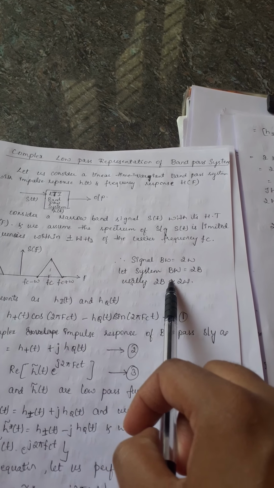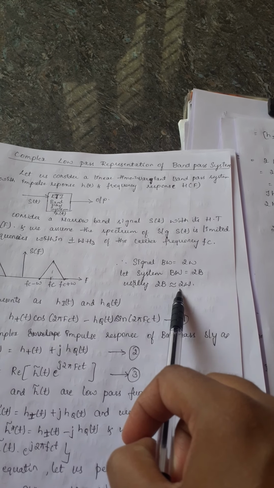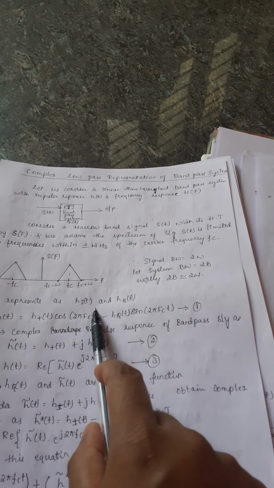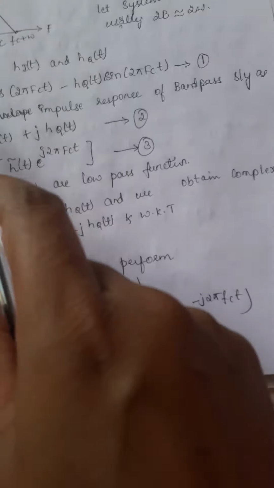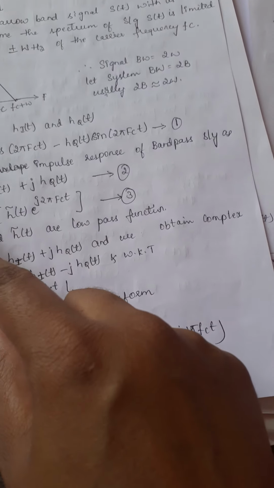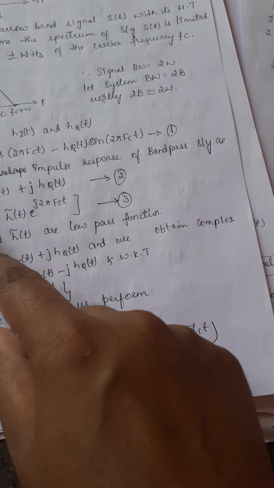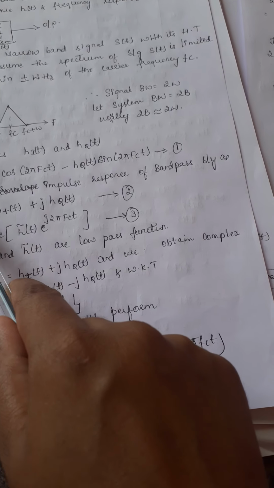Usually 2b is approximately equal to 2 omega, where h of t, the impulse response, represents the in phase and the quadrature phase components, that is hi of t and hq of t. We can write an equation similar to what we wrote for s of t, a band pass signal.